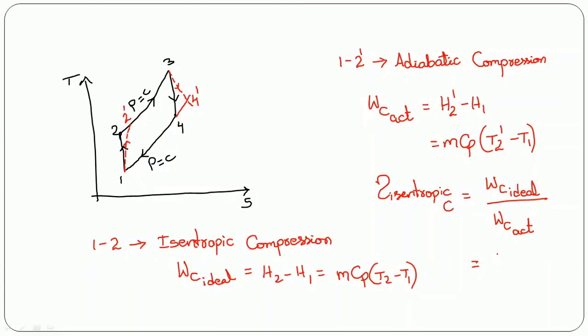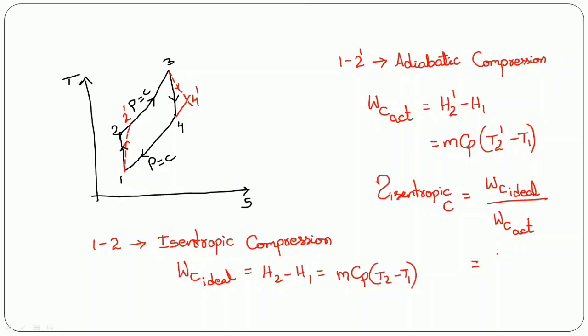Because of these irreversibilities, the actual work that is consumed by the compressor will be greater than the ideal work. So to understand this concept, you just see your refrigerator that is in your home. So in the refrigerator, ideally they will say that this refrigerator consumes only 1 watt per day, for example. But practically, if you observe, because of certain atmospheric conditions and certain losses in our house or in the compressor, what will happen? There will be some internal irreversibilities, external irreversibilities.